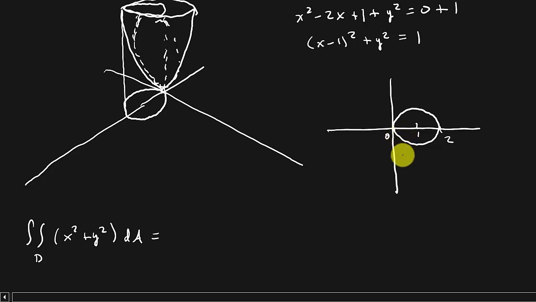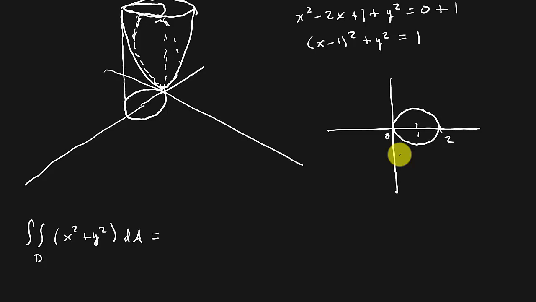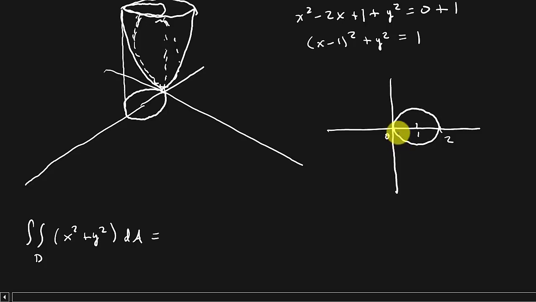I need to get the bounds on my theta. Can you see how we're right here and here? That's going from negative pi over 2 to pi over 2.